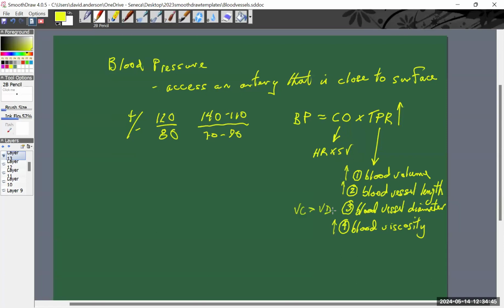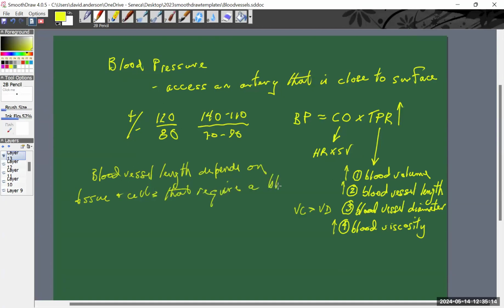Okay, so in other words, when we look at blood vessel length, it depends on tissues and cells that require a blood supply.